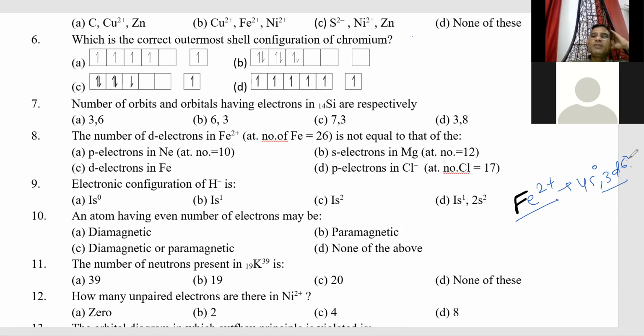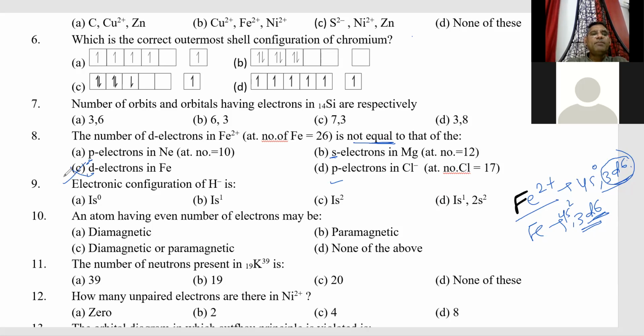In 3d, how many electrons are there? 6. So out of ABCD, which will not be having 6? Here it is S electrons, here P electrons, here D electrons, here P electrons. In Fe also 3d6 is there, 4s2 3d6. So here it is 6, there also it is 6. They are asking not equal to. This is equal, so this can't be the answer.